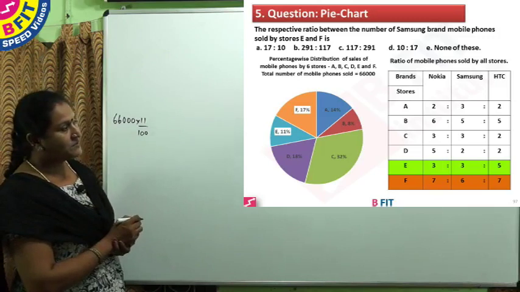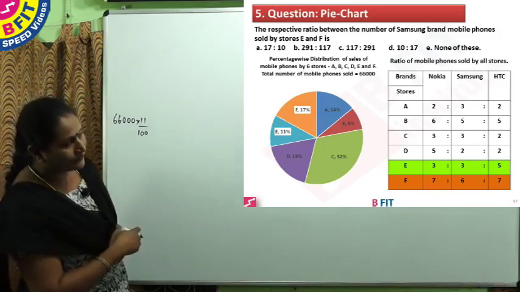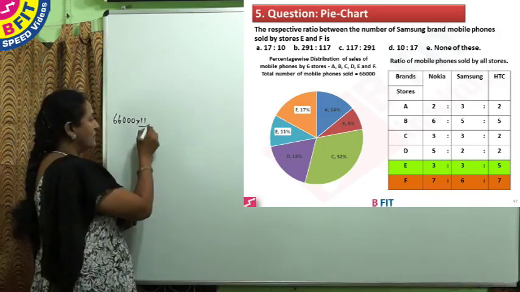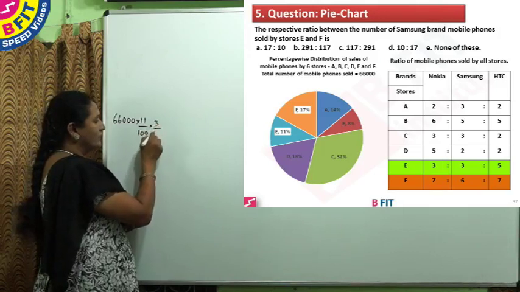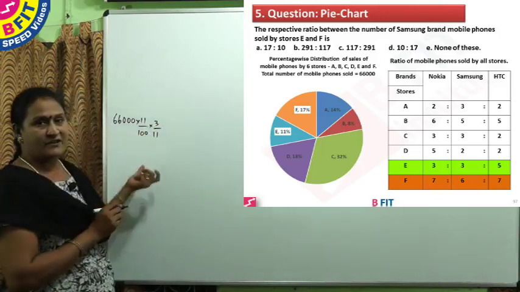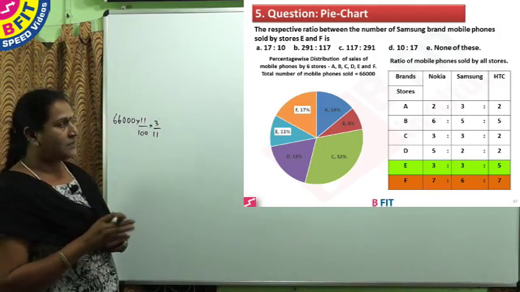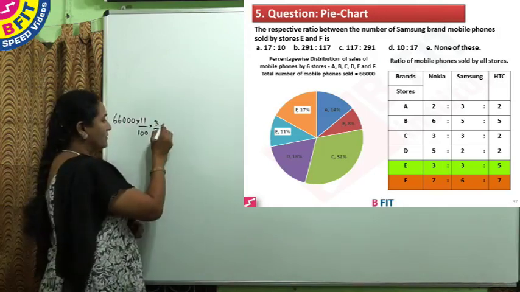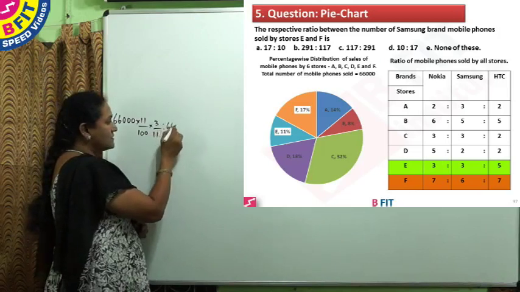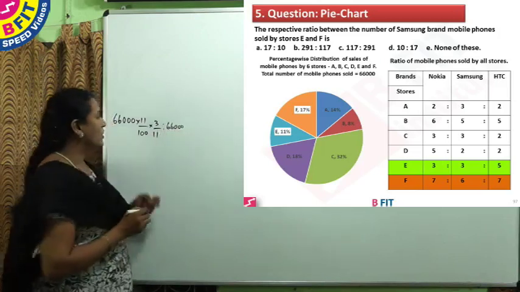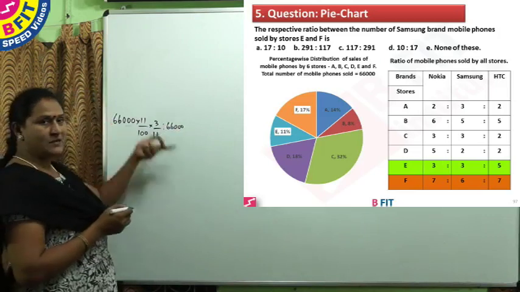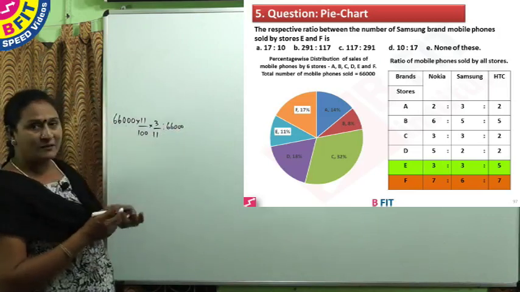So Samsung is 3 parts out of 11. So 3 out of 11. So this will be the first part in this ratio. And for the second part, it will be the details of store F. So store F, it is again 66,000. Normally when these values are the same, no need to consider this because both the values will be cancelled.